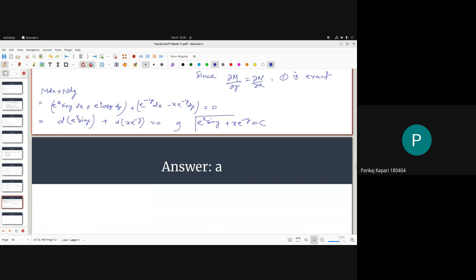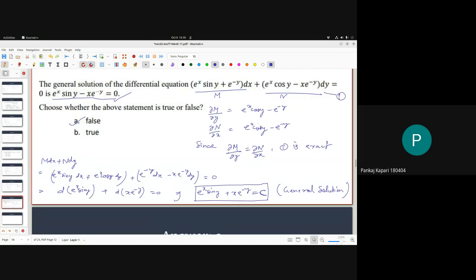So this is the general solution. It contains an arbitrary constant. That arbitrary constant is 3. And we can see that this equation is not even a particular solution, right?